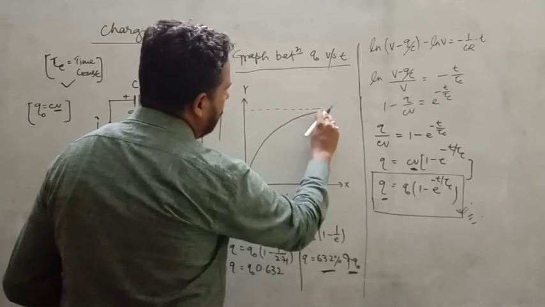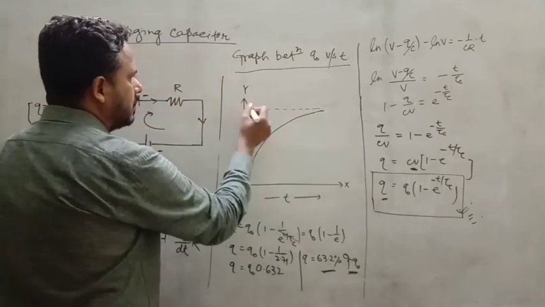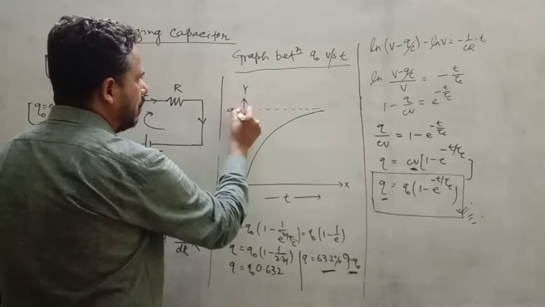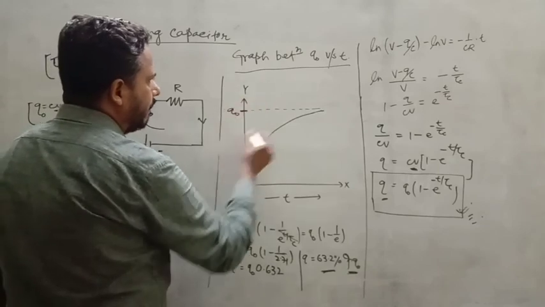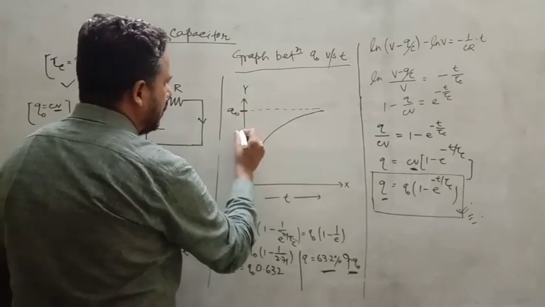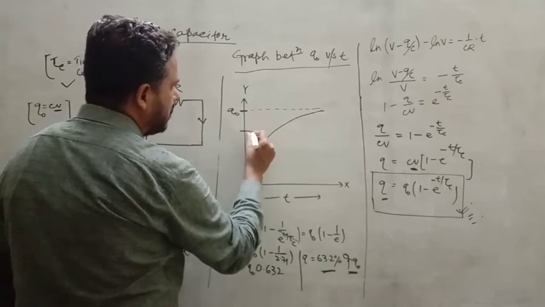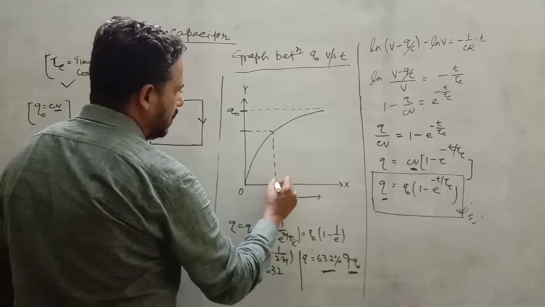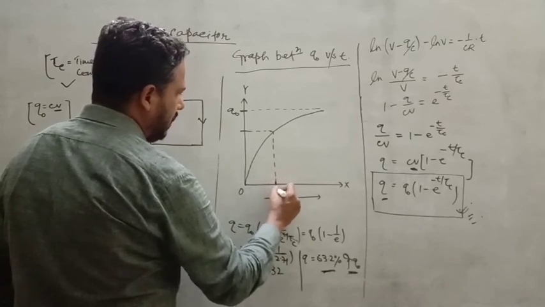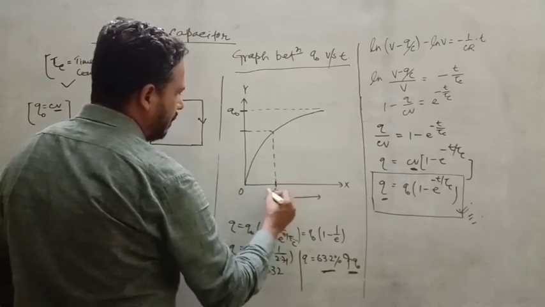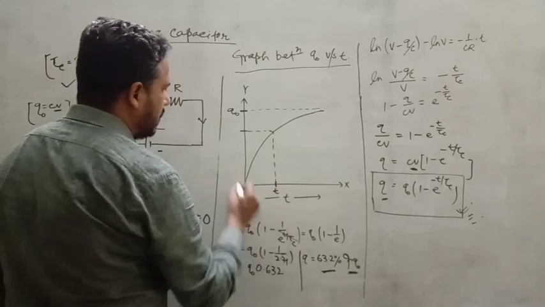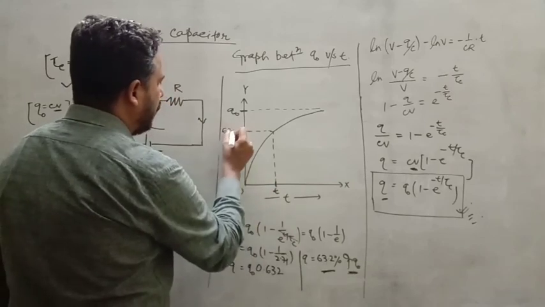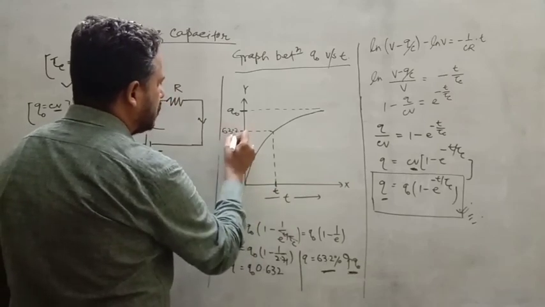It will take charge, because this one is the maximum charge, Q naught, up to infinite. So at this time t, you're getting 63.2% of the charge.